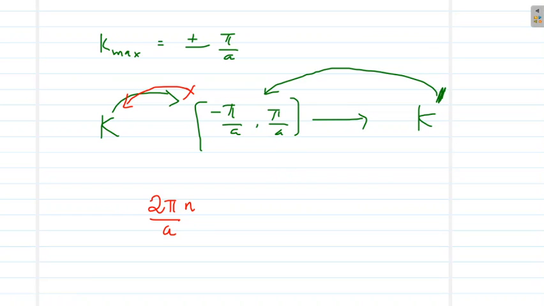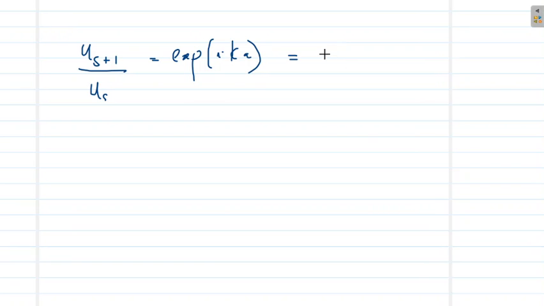So if K is an arbitrary value outside the first Brillouin zone, you can write u_(s+1) divided by u_s, which is equal to exponential iKa, and multiply and divide this by e raised to i 2n pi. So it is e raised to i 2 pi n into exponential iKa into e raised to minus i 2 pi n.